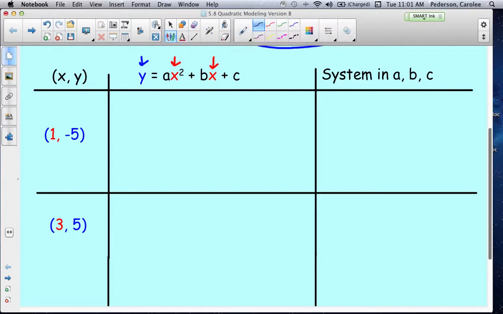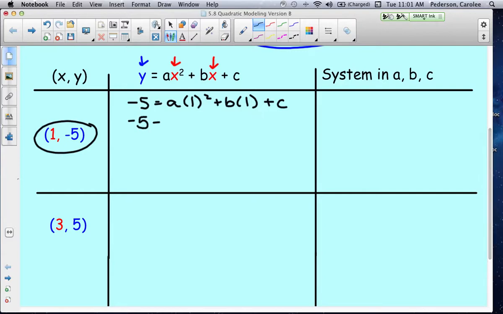Let's go ahead and substitute in. So our y value of our ordered pair is -5. Our x value is 1. So we're substituting in 1 in for x. So here's what our equation looks like when we substitute this ordered pair in for x and y. Now we're just going to reduce it down a little bit. So we have -5, then 1 times 1 is 1.